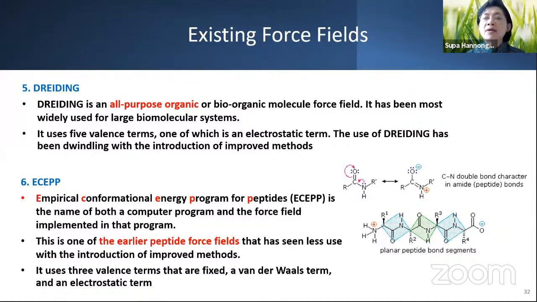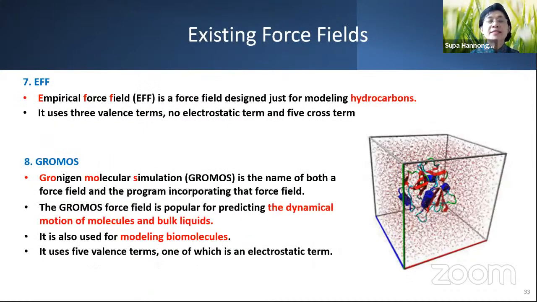And for the interaction between the two parts, you can see the charge interaction and the CN double bond character have been parameterized in the amide or peptide bonds. So this is a very complicated system, and therefore the force field needs to be parameterized to make the prediction precise for this system.